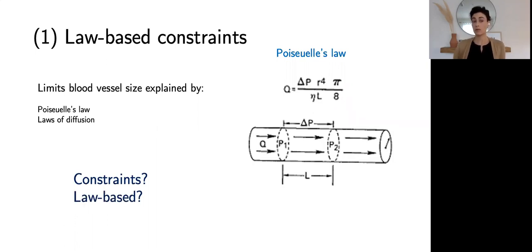So second, if these explanatory factors are well understood as constraints, why should we consider them to be law-based constraints? The reason is that these factors fail the first interventionist criterion while meeting the second. They fail the first because they're not hypothetically manipulable.